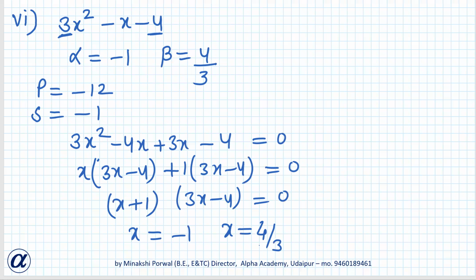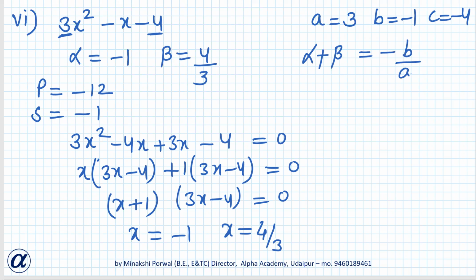Okay. Yes, what are the values of A, B, C? A is equal to 3, B is equal to minus 1 and C is equal to minus 4. Okay. Now, alpha plus beta equals minus b by a. So, this is alpha, this is beta. Alpha is minus 1 plus 4 by 3, and minus of minus 1 by 3.